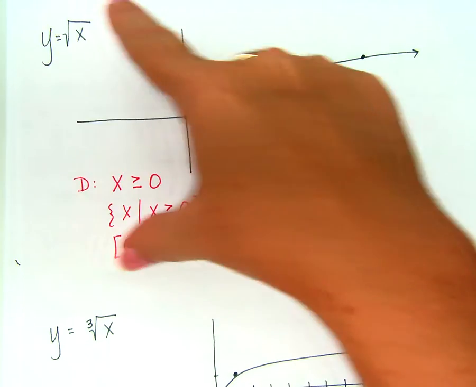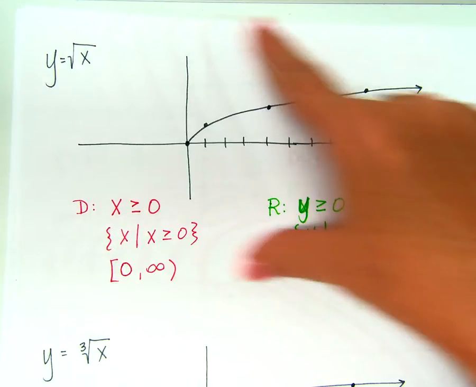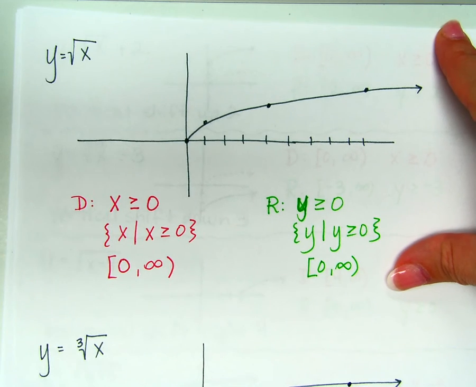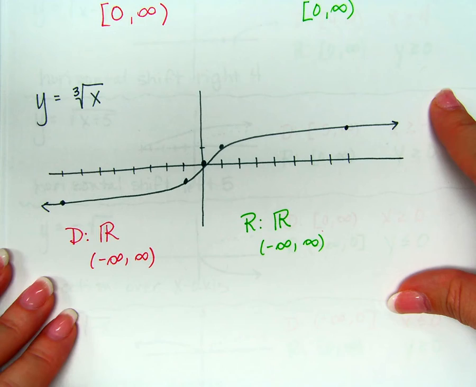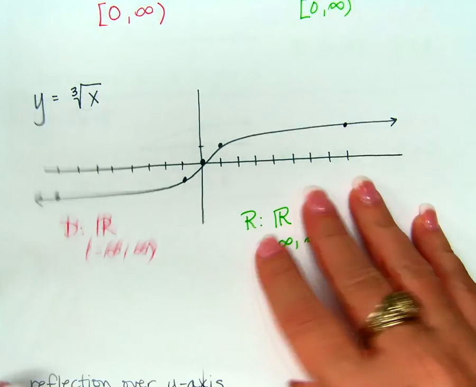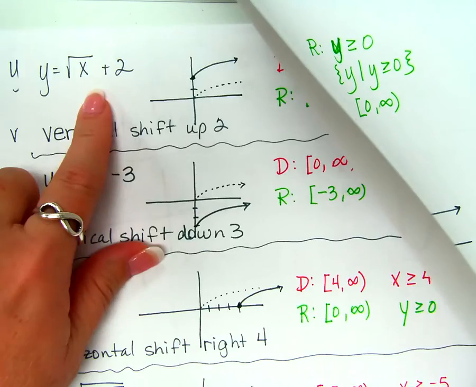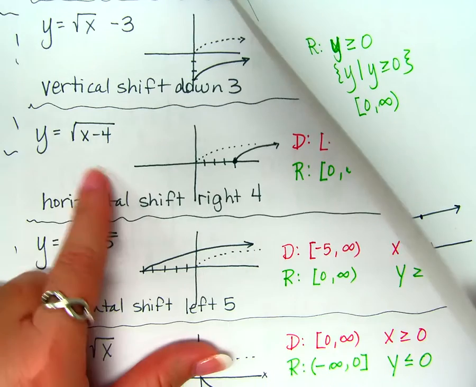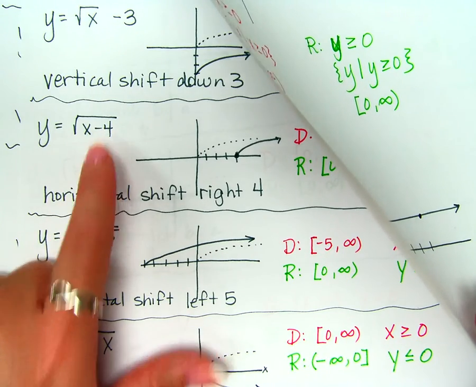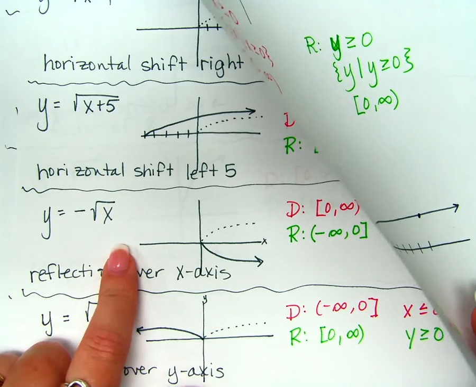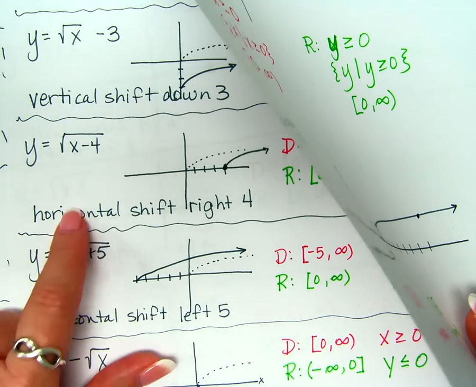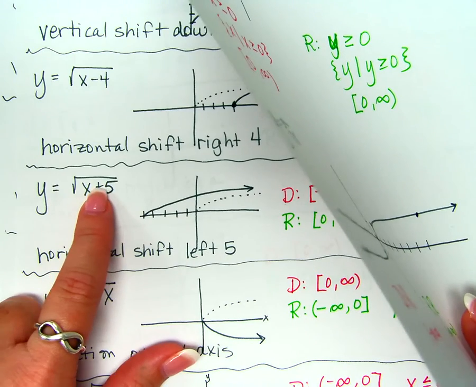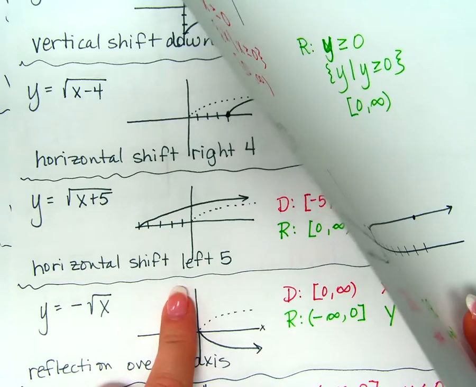So I've done a whole bunch of examples for you of square roots. Do I need to go back and do every single example again for cube roots for you? Like every single one of these, cube root of x plus 2, cube root of x minus 3, cube root of x minus 4 on the inside, cube root of x plus 5 on the inside, and so on? Will the words change? If this was a cube root, would it still be a horizontal shift left 5? The graph would change, right? Because it would be not this, but this.